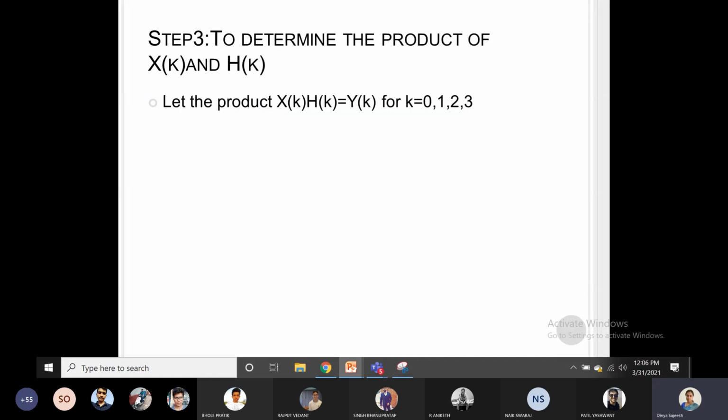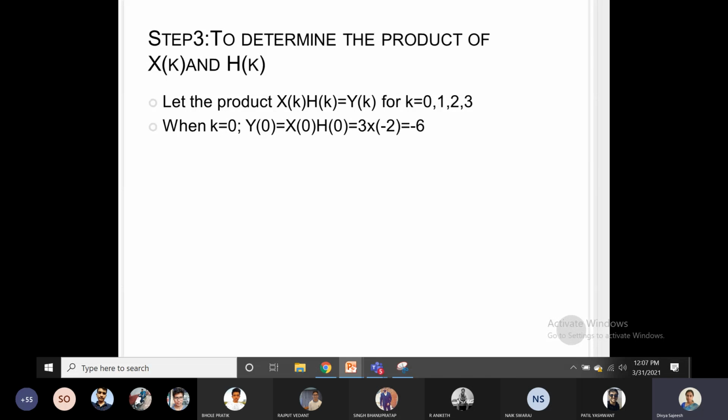Let the product h of k into x of k give you y of k for values of k equal to 0, 1, 2, 3. That means you need to get the product for values of k from 0 to 3. So let us take first case.